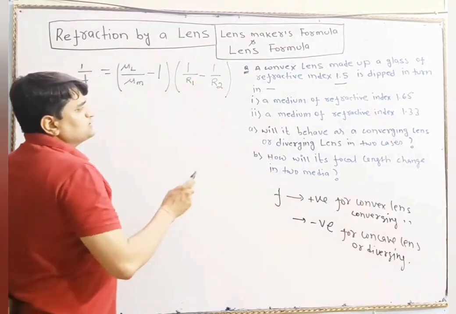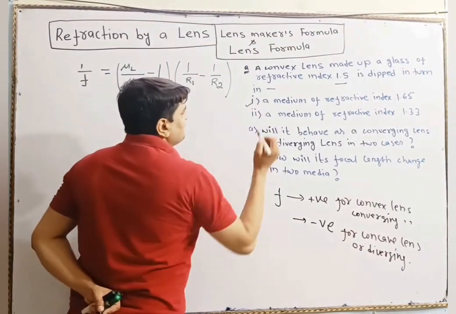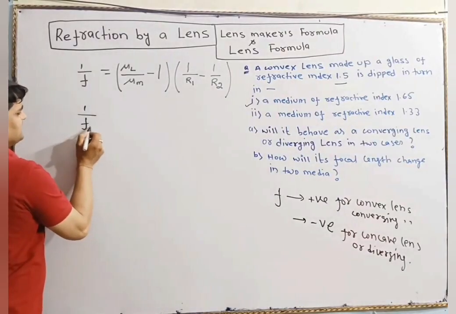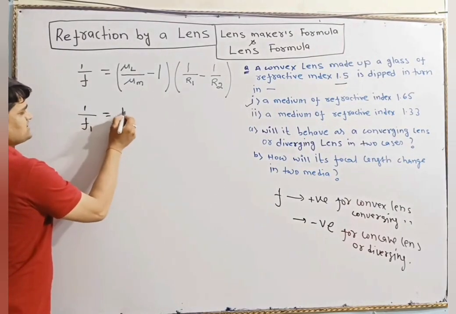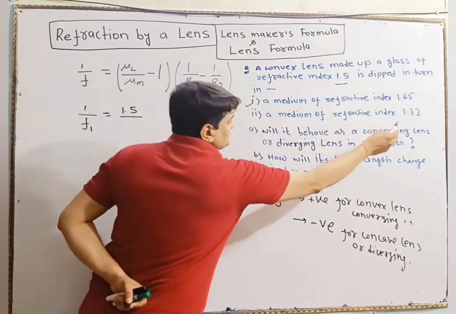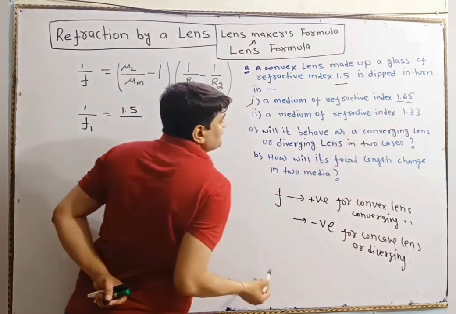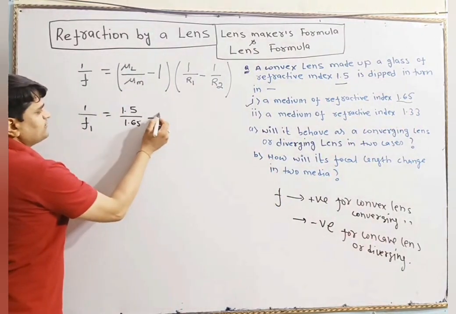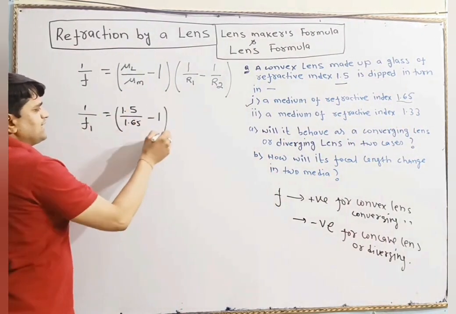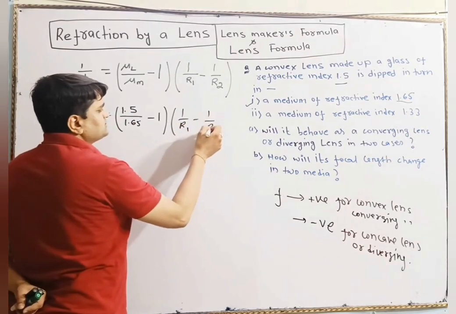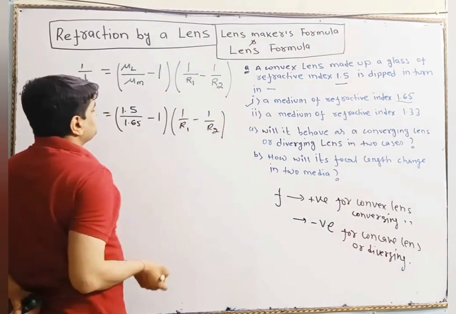Okay, now see the first case. It will be 1 upon f1 equal to (1.5 upon 1.65 minus 1) into (1 upon R1 minus 1 upon R2), where mu L is 1.5 and the refractive index of the medium is 1.65.